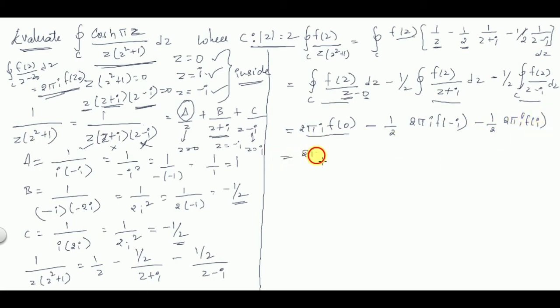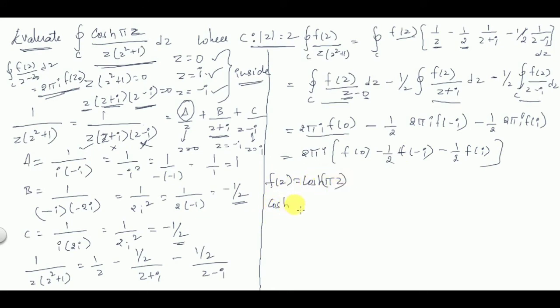If you take 2πi common, you get f(0) minus 1/2 into f(−i) minus 1/2 into f(i). So this is what you have to find. We have f(z) equal to cosh(πz).